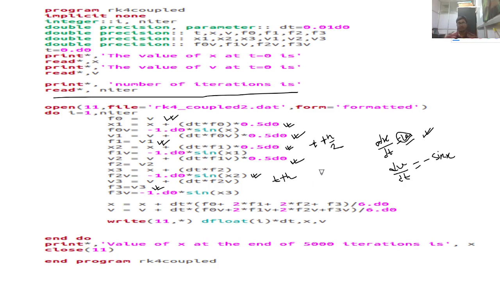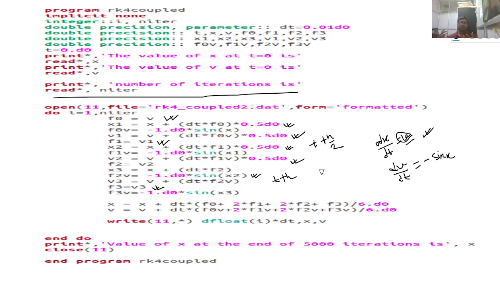So what we have is two coupled equations which we got from assigning the variables in a particular manner, for example, dx/dt equals v.